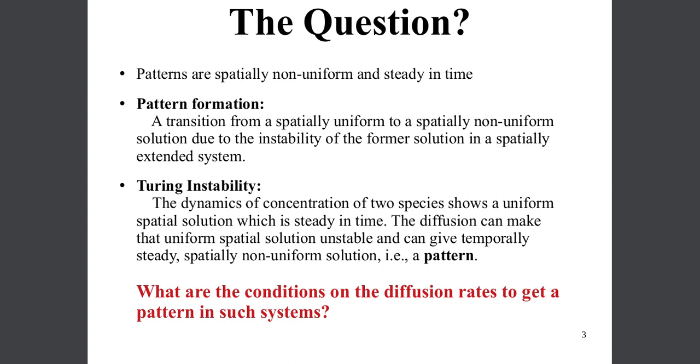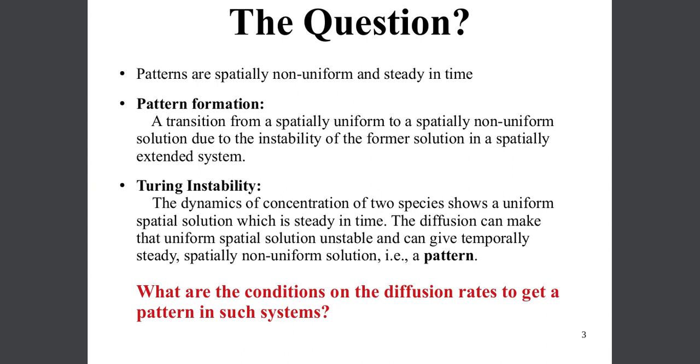And what is Turing instability? Actually it is happening due to the Turing instability. I will discuss in my whole talk that the dynamics of the concentration of two species shows a uniform spatial solution, which is steady in time and stable. Now if you introduce diffusion, it can make the uniform spatial solution unstable, and as it is unstable, it can give a temporally steady and spatially non-uniform solution, that is a pattern.